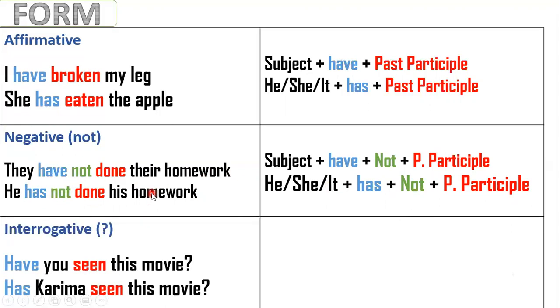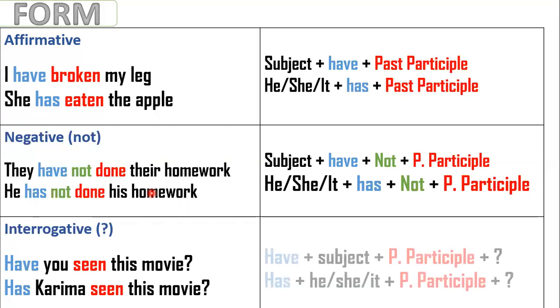Have you seen this movie? Has Karima seen this movie? So what is the rule here? Yes, have or has plus subject plus past participle plus interrogative mark. It is an interrogative sentence.